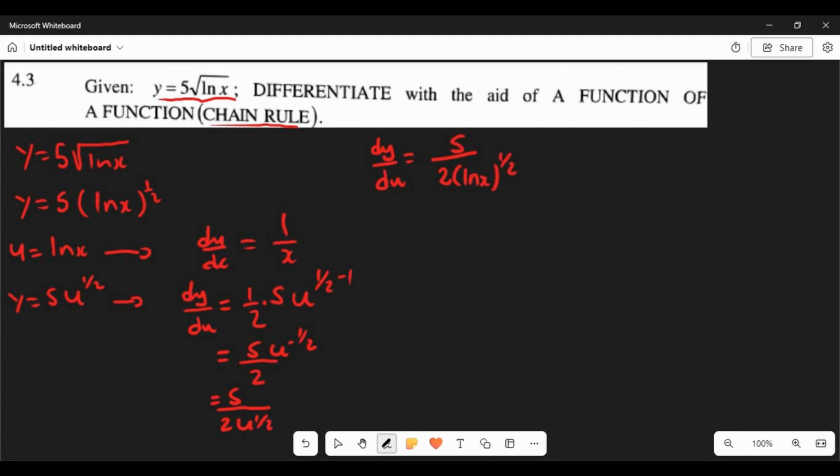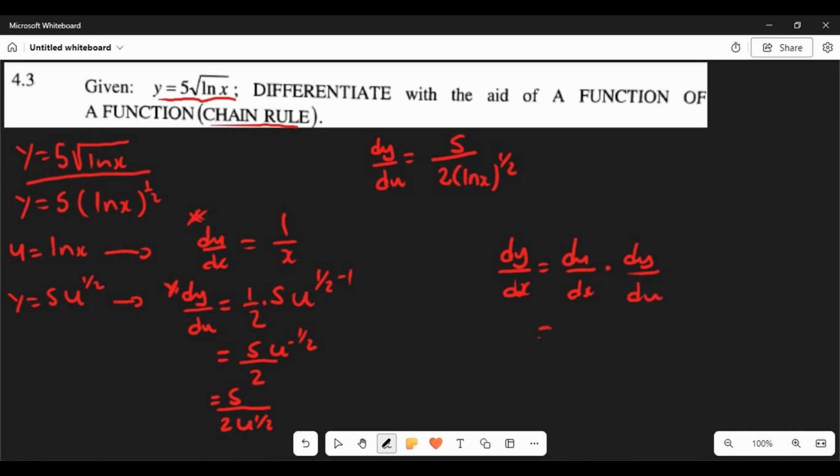The chain rule, in order for us to differentiate the whole problem, dy over dx is as follows. You multiply the derivative of u with the derivative of y. So let's do it. It's going to be du over dx multiplied by dy over du.